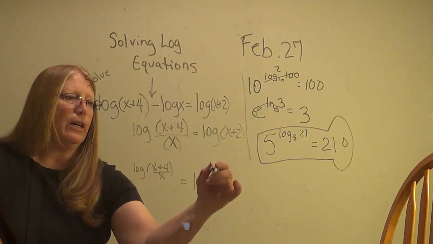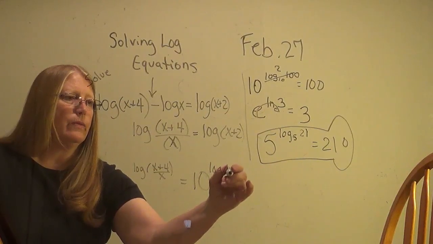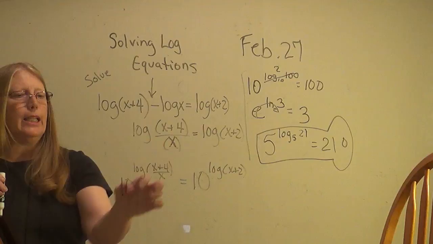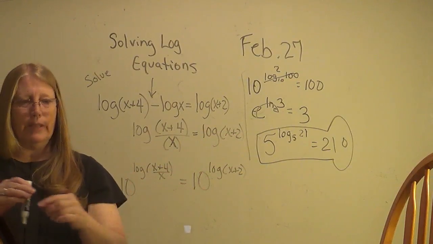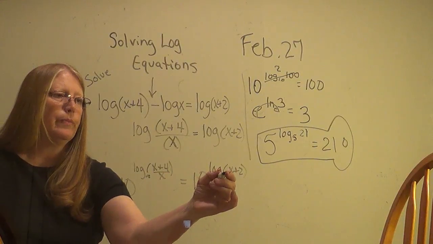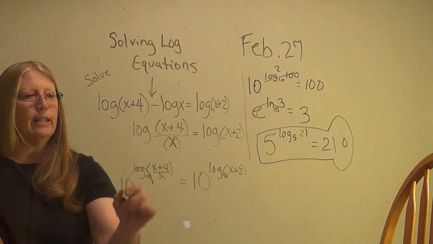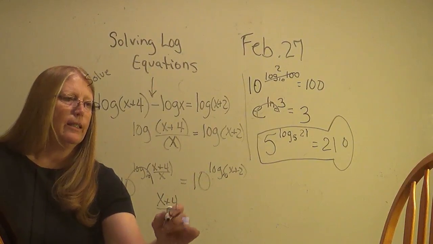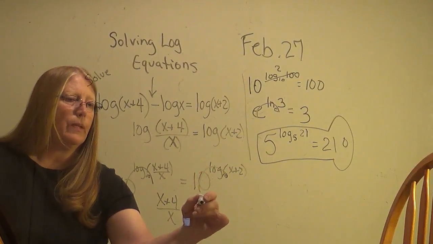So you see this became an exponent of 10 and this became an exponent of 10. So this is a base 10 logarithm, so one undoes the other. We get x plus 4 over x equals x plus 2.